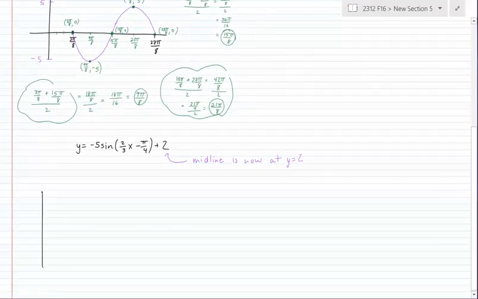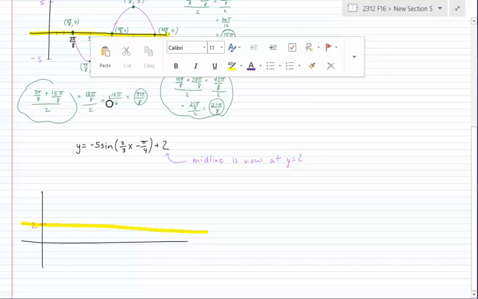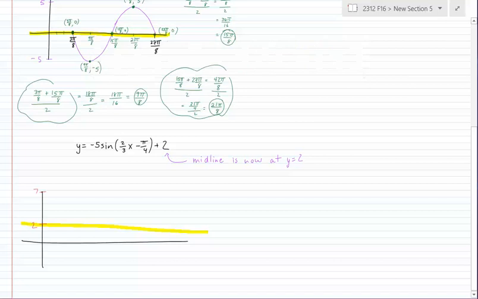Same exact thing except the middle, instead of being on the x-axis, the middle is now going to be at 2. Which means add 2 to the max height to get 7, and then add 2 to the bottom, so that'll be at -3. And then it's the exact same thing.